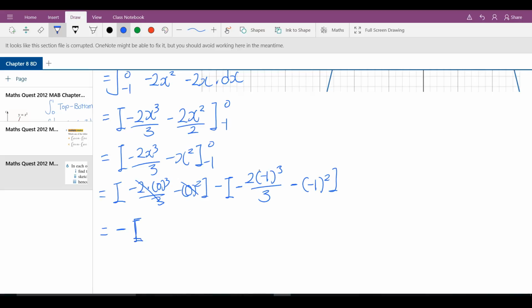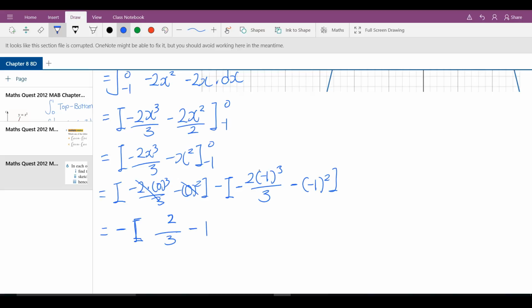So this is negative 2 over 3, which becomes a positive. So I will just write a positive here. So positive 2 over 3. Negative 1 squared is 1.